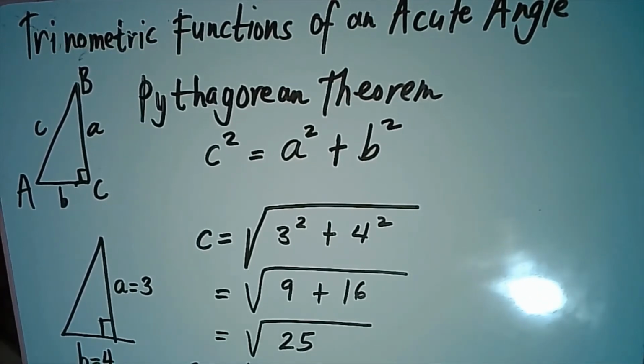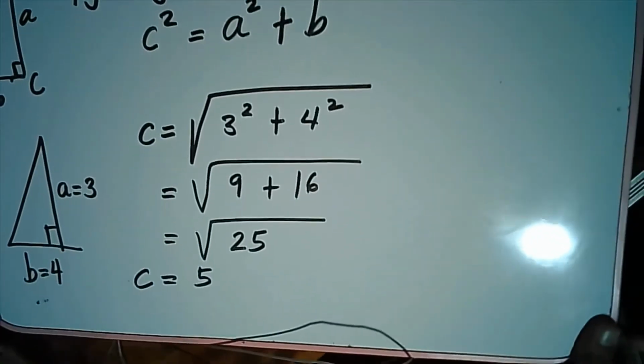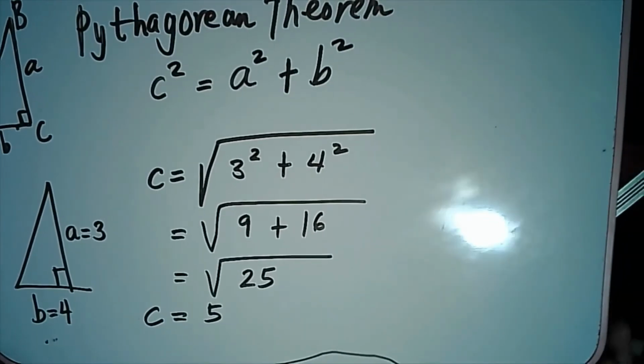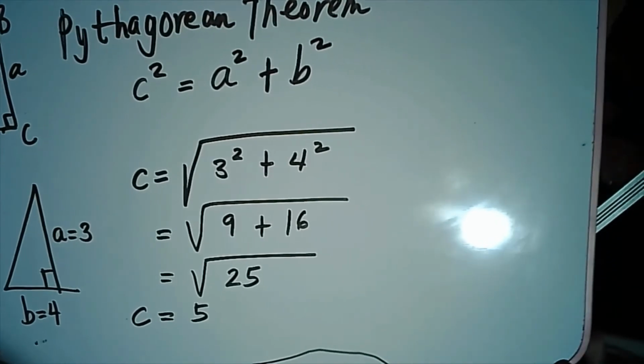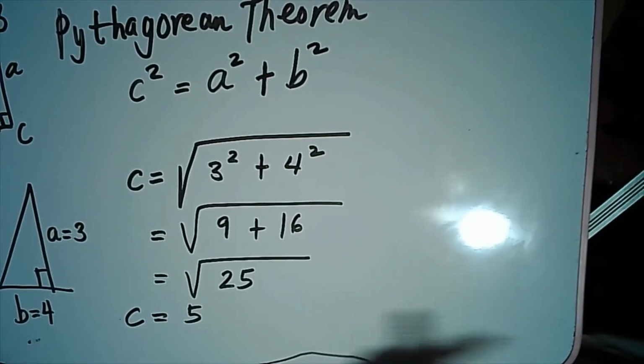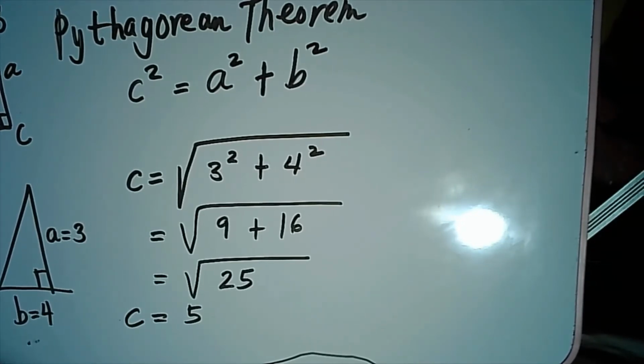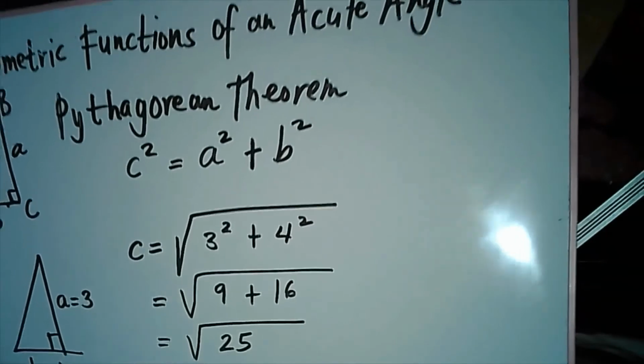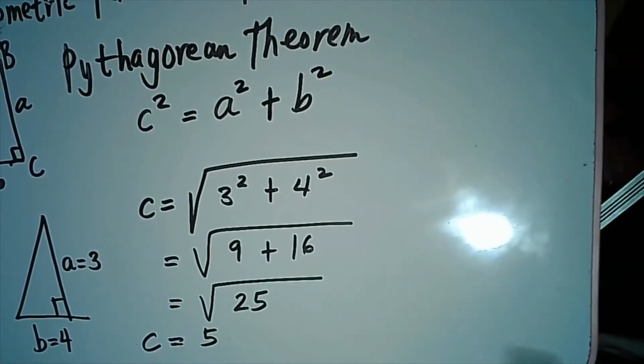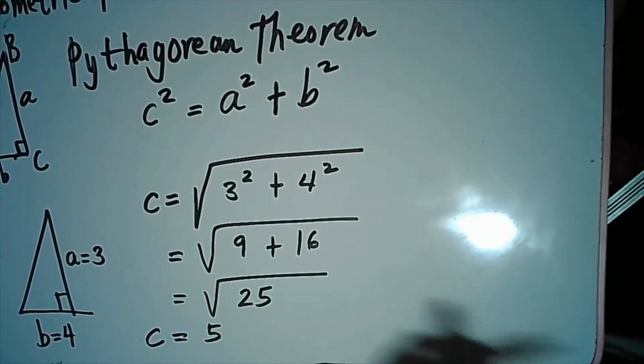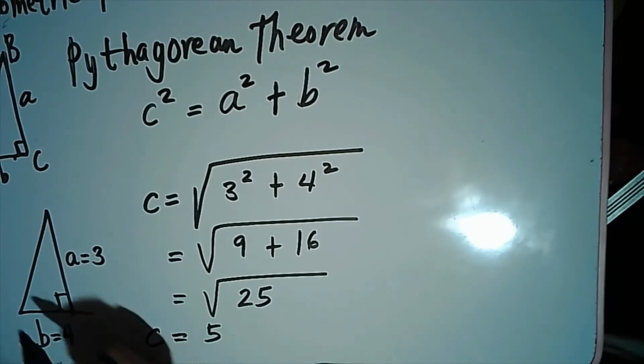So c is equal to 5. So if we know the measurements of the sides a, b, and c, we would be able to find the trigonometric functions of the angles of the right triangle.